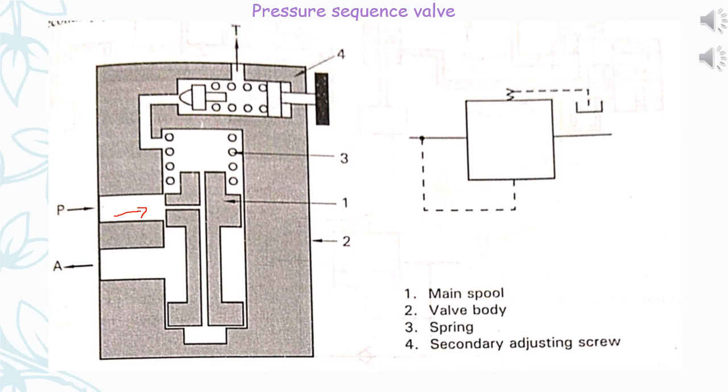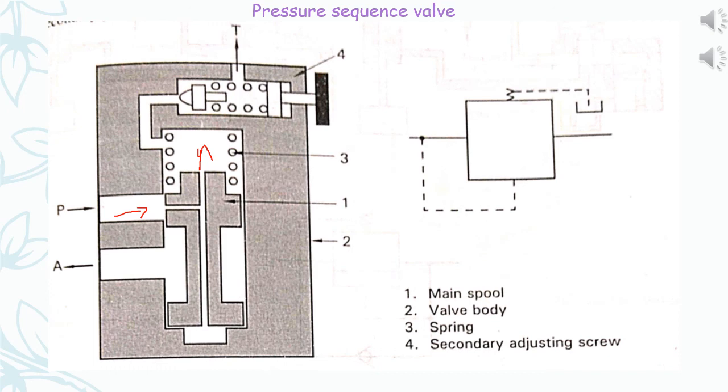That is, the pressure setting of this spring is reached. When the spool lifts, the flow is diverted to the secondary port to operate the second phase. This is how the sequence of operations takes place: first phase and then the second phase.